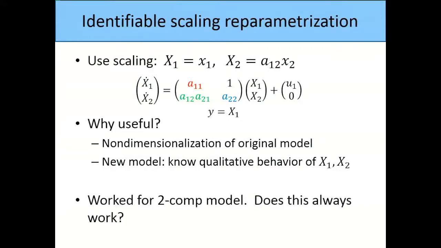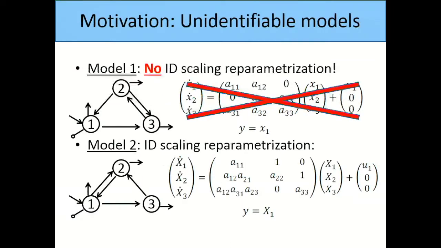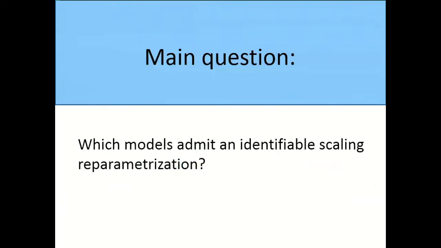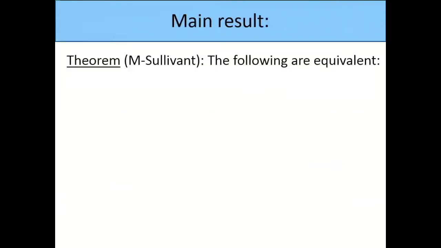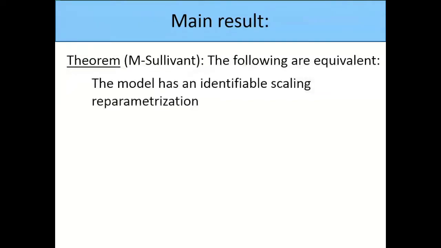Okay, so this worked out well for this two-compartment model, but of course the all-important question is, does this always work? And you may recall on the very first slide I said this doesn't always work. In the first model I mentioned, we had no identifiable scaling reparametrization, whereas the second model does. So that leads us to this question: which models have an identifiable scaling reparametrization? I'll go ahead and state our main result.